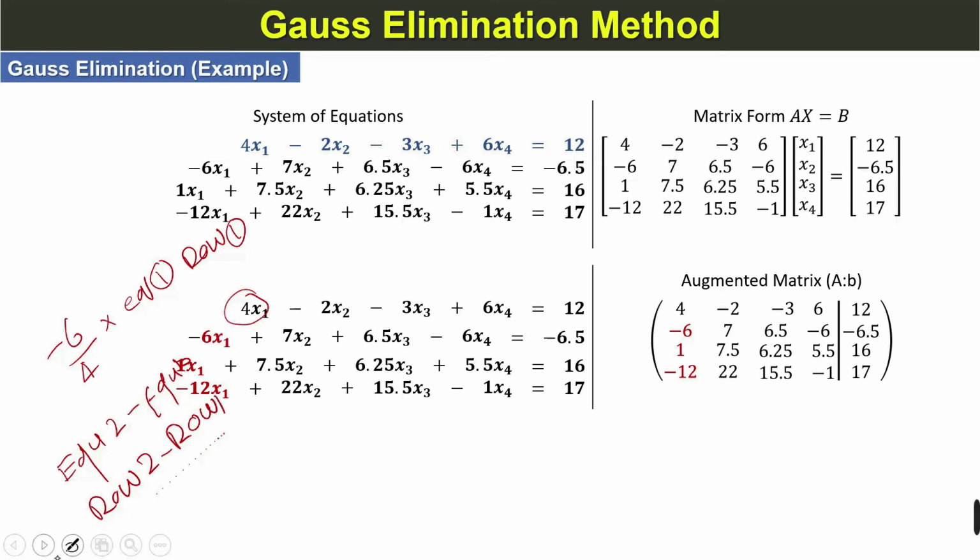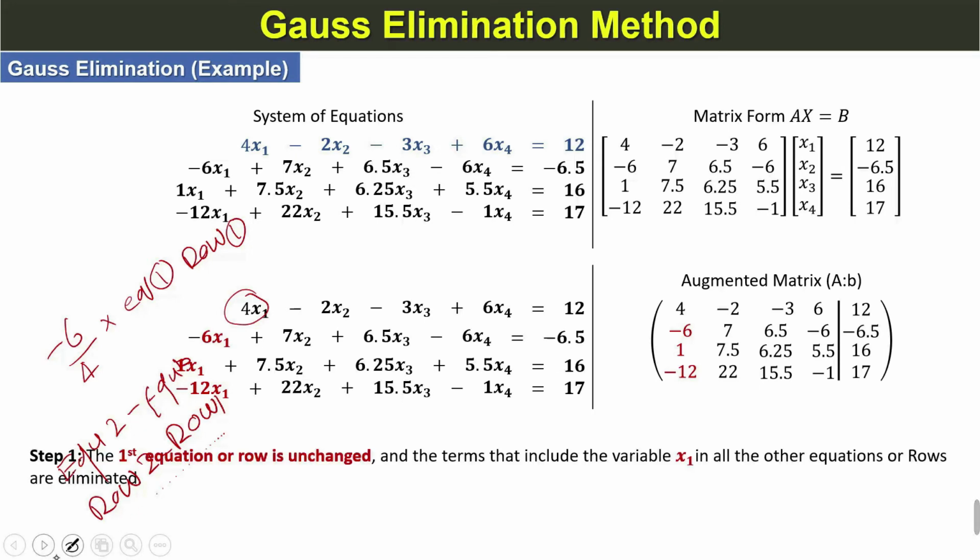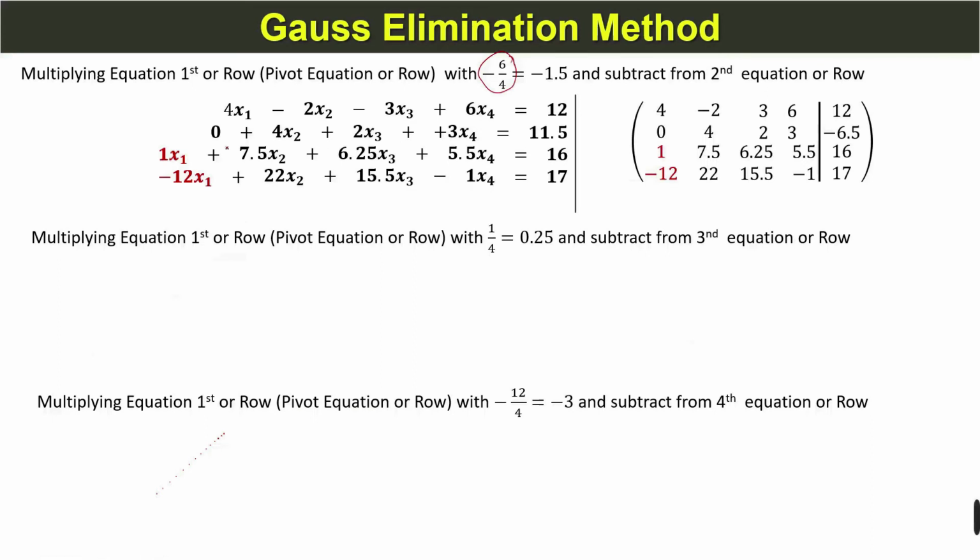After this we get this one in row 2, where the term including x1 is 0, and next we get plus 4x2 plus 2x3 and plus 3x4 is equal to 11.5, and we can see that in matrix form the element below the leading or diagonal element is 0.